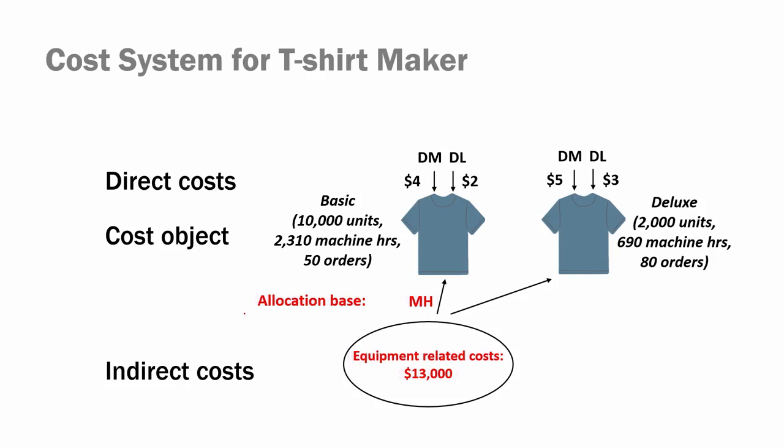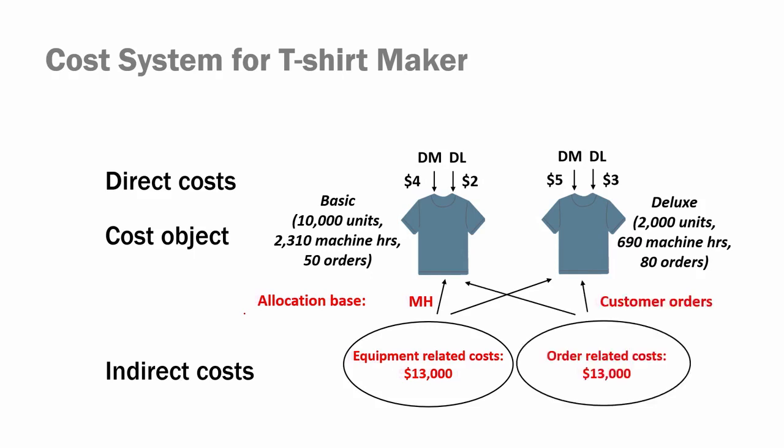Then activities driven by taking orders from customers include things like purchasing material from suppliers once the order from the customer has been received, receiving the material when it arrives, packing and shipping the order when it's finished, setting up the equipment to make a new order of t-shirts. So we group the costs related to all of those things into one cost pool. And let's say they total to the remaining $13,000.